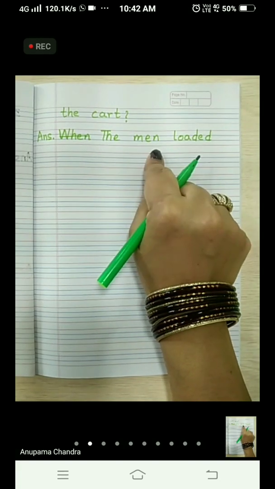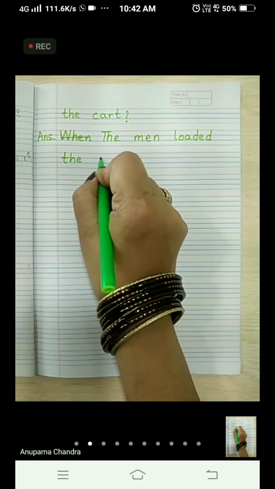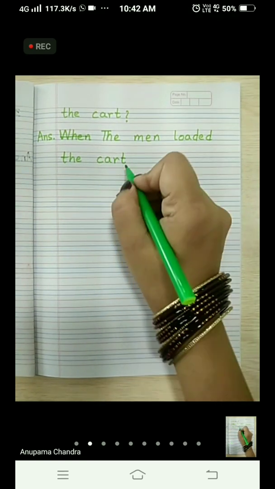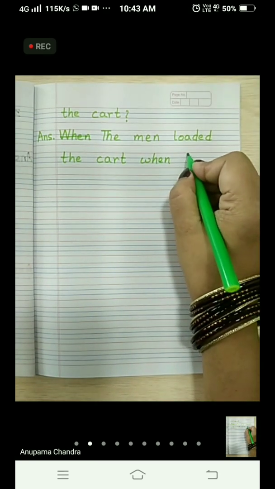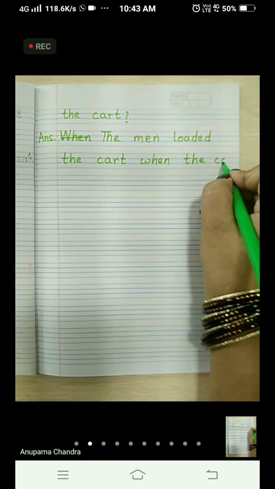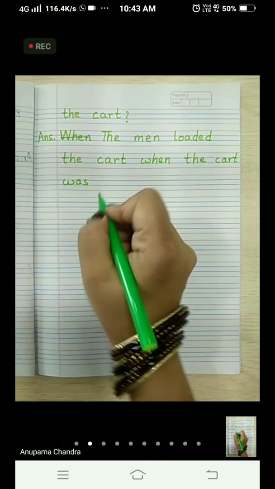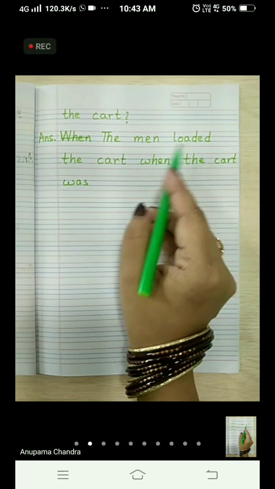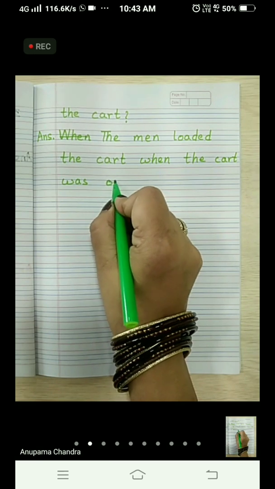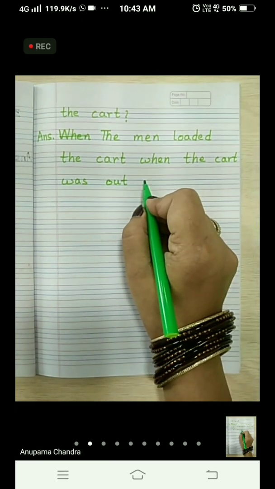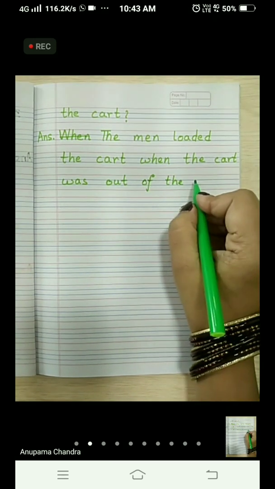The men loaded the cart when the cart was out of the mud.